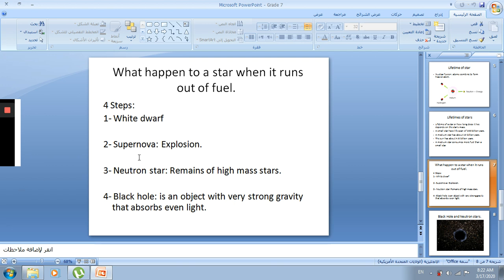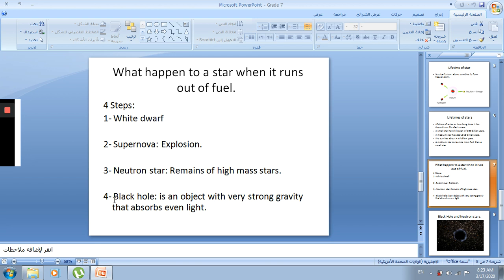Supernova is the step that comes after the white dwarf, after the star runs out of fuel. You only have to know that supernova means explosion, the explosion of the star. A neutron star is the remains of a high mass star.